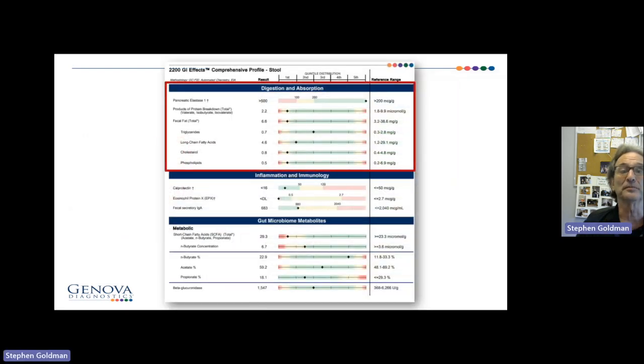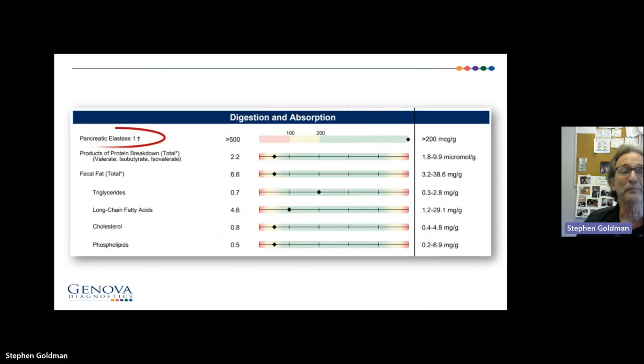For the digestion and absorption, we have pancreatic elastase 1. Here you see the graphic, a little different from the ones beneath it. It's based on medical decision points, basically.